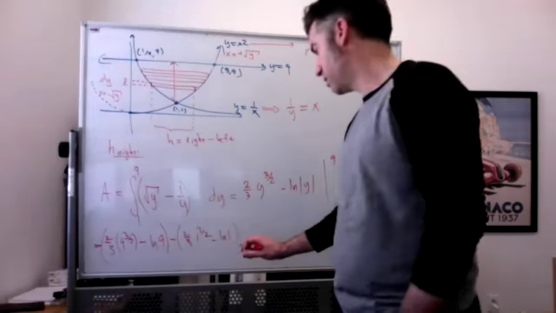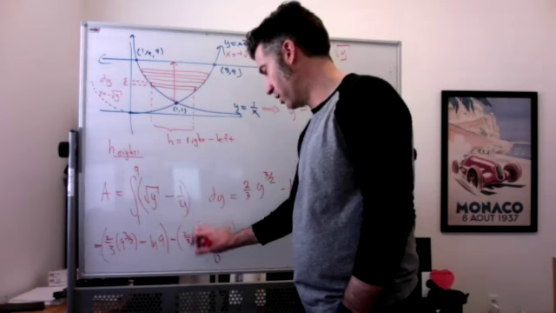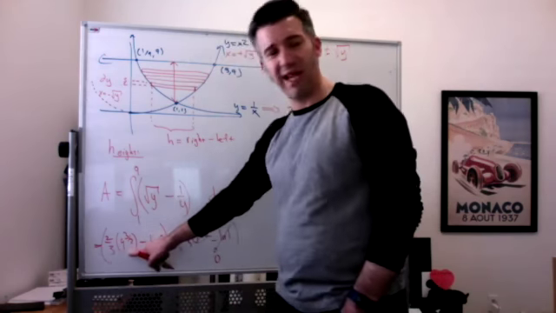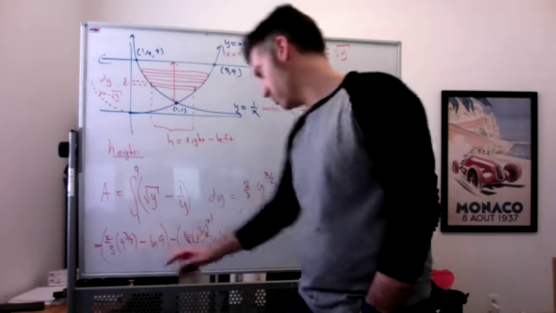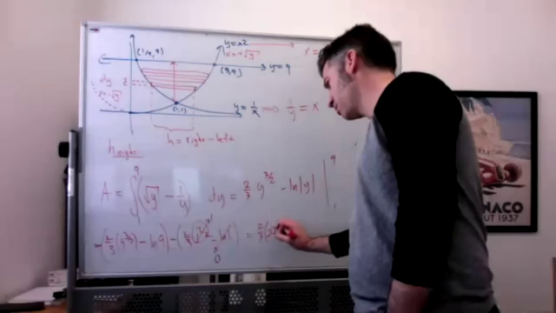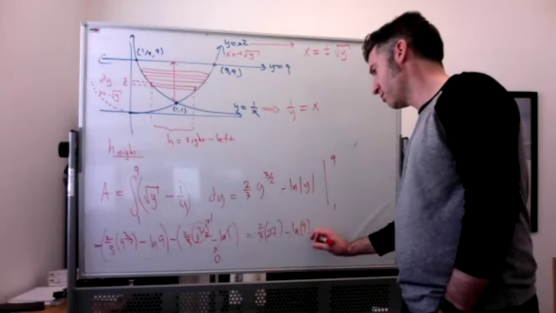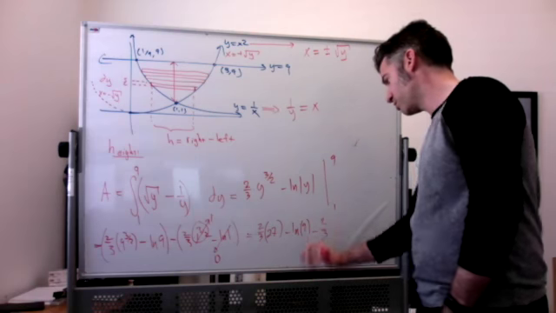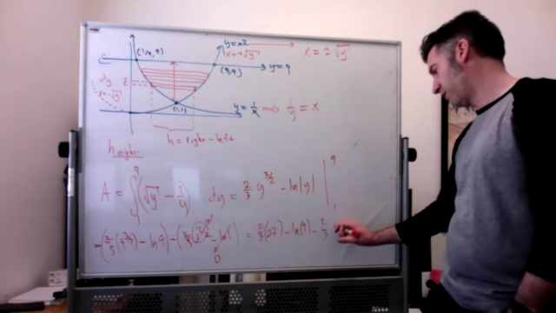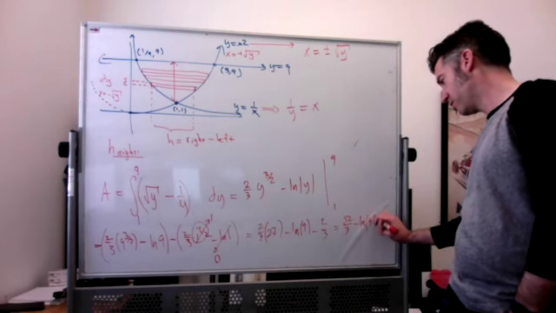Okay, natural log of 1 is 0. 1 to the 3 halves is 1. So I get 2/3 times 9 to the 3 halves is 27. I've got 2/3 times 27 minus the natural log of 9 minus 2/3. So it's 54 minus 2 is 52/3 minus the natural log of 9.